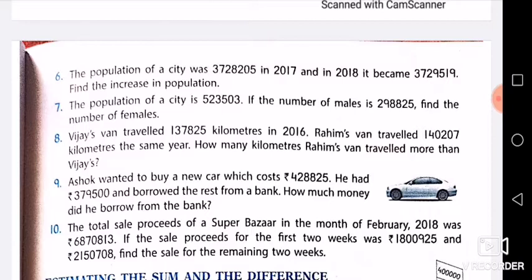If distance travelled by two cars or two vans in the same time, then again you are supposed to do subtraction. Then borrow is another word for doing subtraction. In any question, if the word borrow is written, you are supposed to do subtraction. And remaining, which I told you yesterday also, remaining is yet another keyword for doing subtraction.